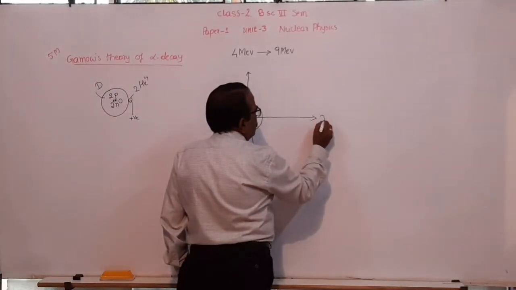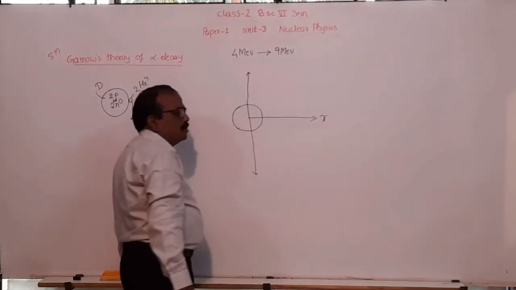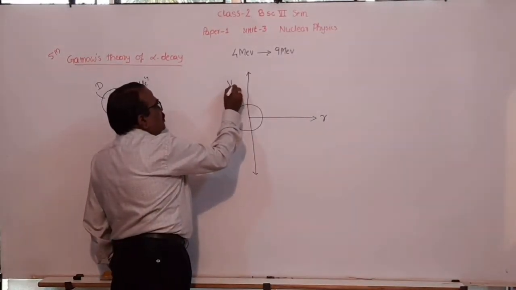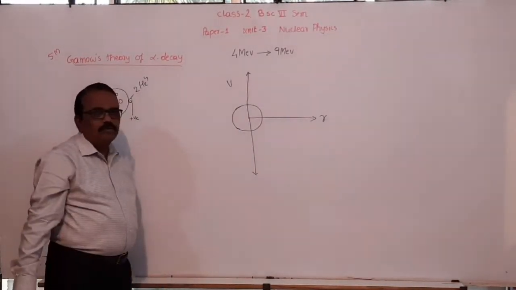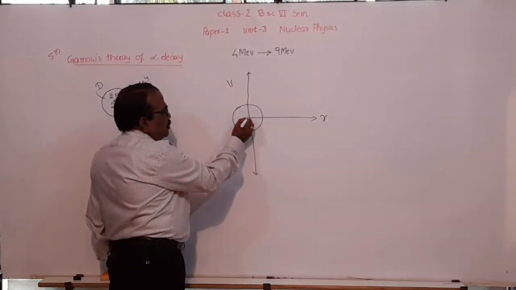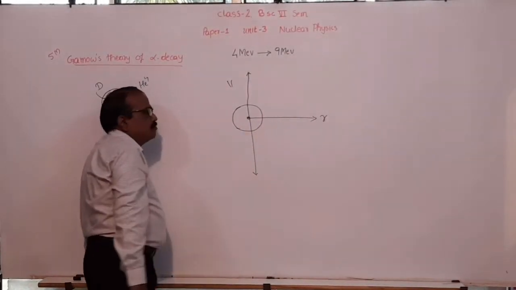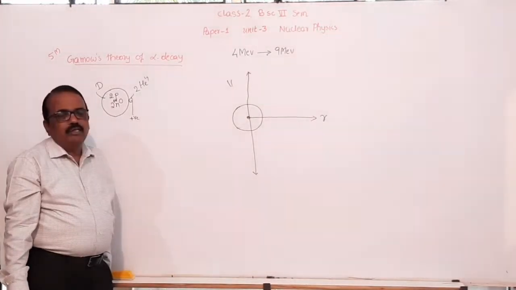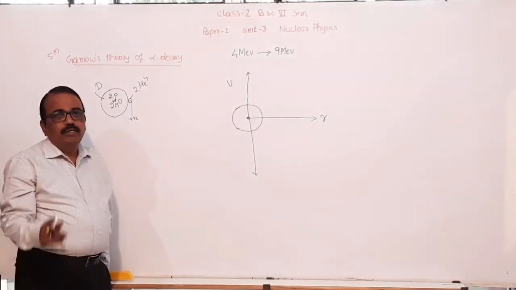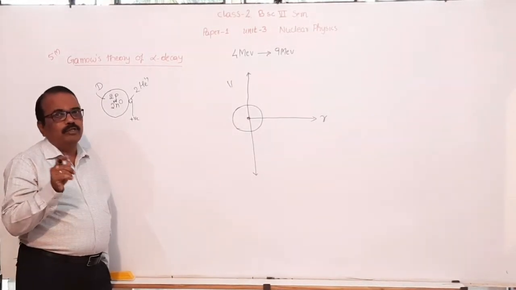So let it be the distance, and potential energy is taken along the y-axis. When the alpha particle is just at the center of this nucleus, you know that there is a force of attraction, which means there is a negative potential.